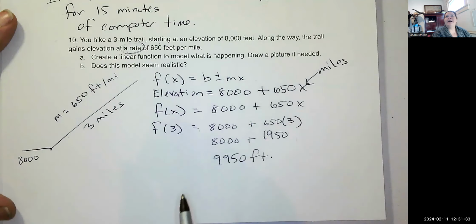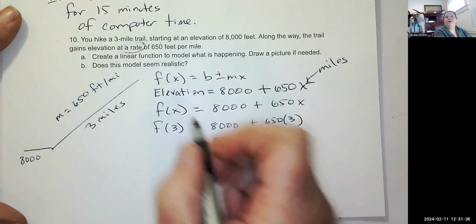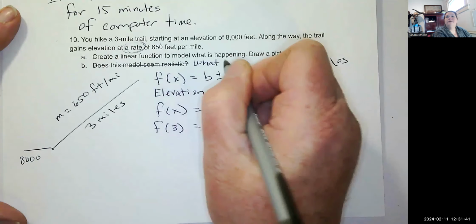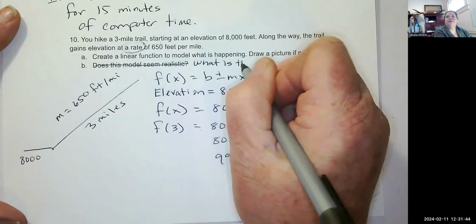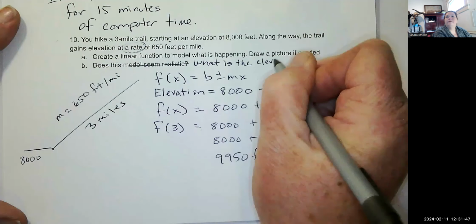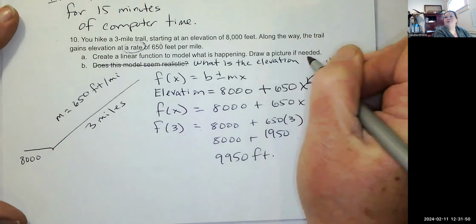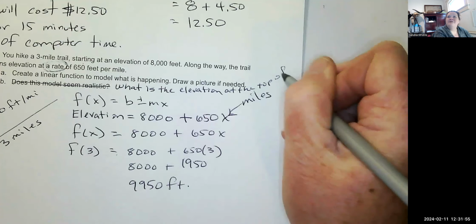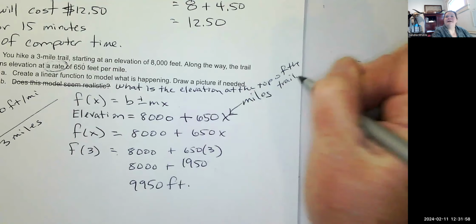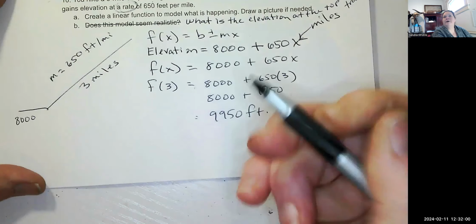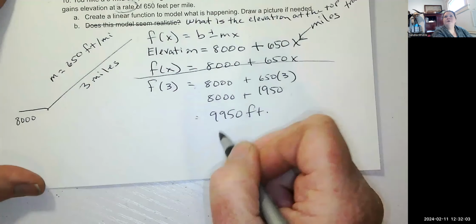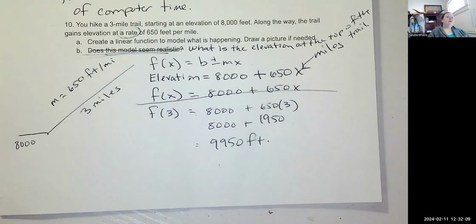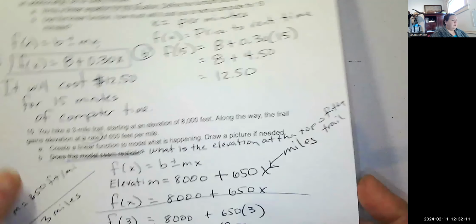I could ask you what is your elevation at the top of the trail? Sorry, y'all. Kind of making this up as I go. And for that, you wouldn't have calculated this, but this is just something I could do. So I'm not going to ask you if this model seems realistic for something like this. If it's something that could make sense, I would, but not for this. All right.